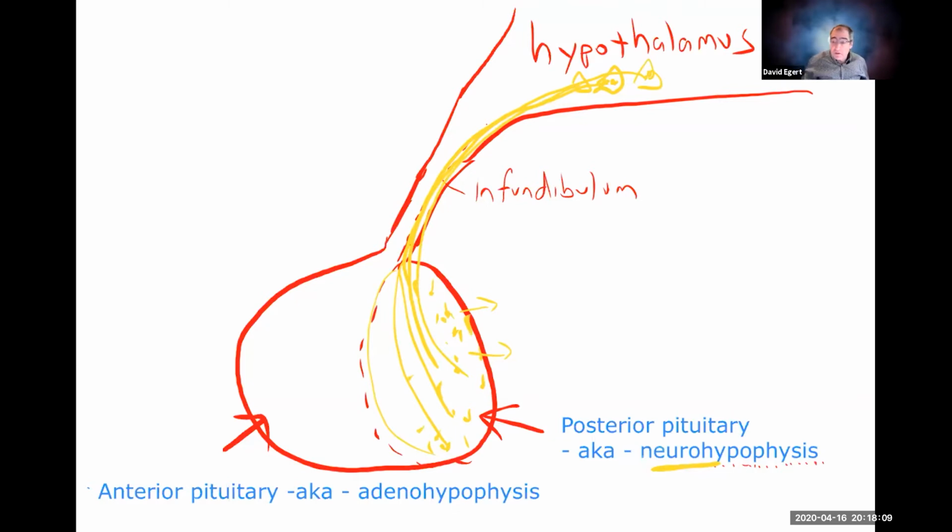The anterior pituitary is very different. The anterior pituitary is derived from epithelial tissue like more common glands. So under the microscope, it looks like a bunch of really dense little cells everywhere.